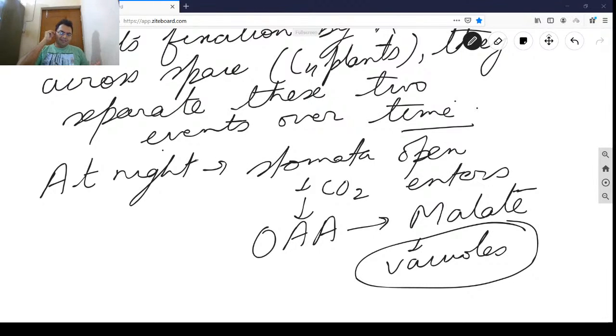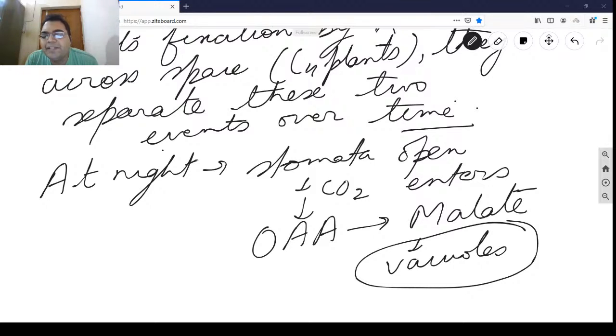Again, the competition between CO2 and O2 is stopped because nothing can come in. So night and day have been differentiated. At daytime the starch synthesis will happen, and that is how the CAM plants are able to generate starch.